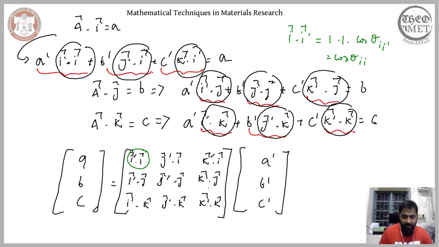So this matrix here we can write in terms of theta, to make it simpler and consistent with what we have been doing. Forgive me, it's going to be theta i prime i, theta j prime i, and theta k prime i.